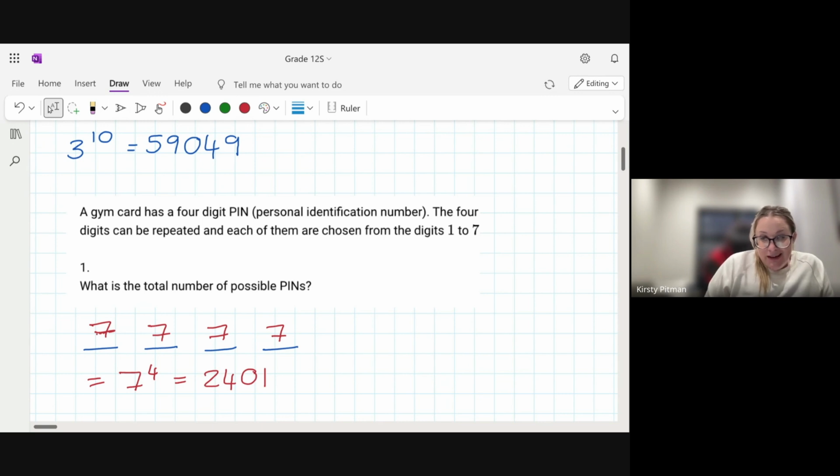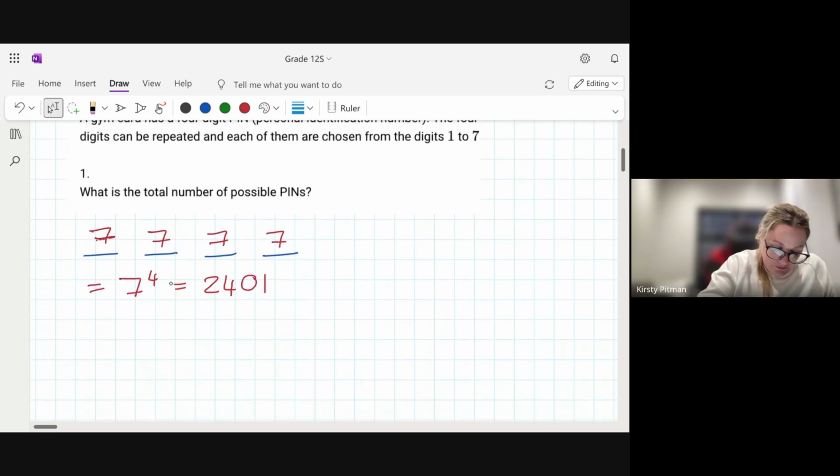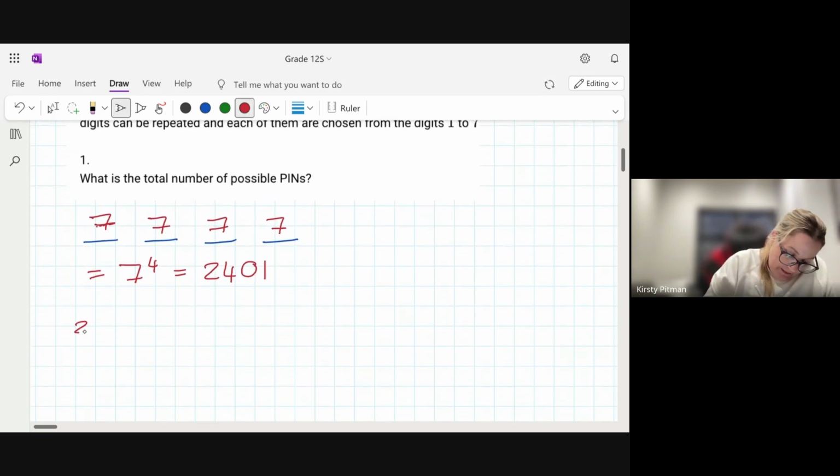Now, let's add an extra little bit onto that. I'm going to say to you, what is the probability that I guess right on my first try?